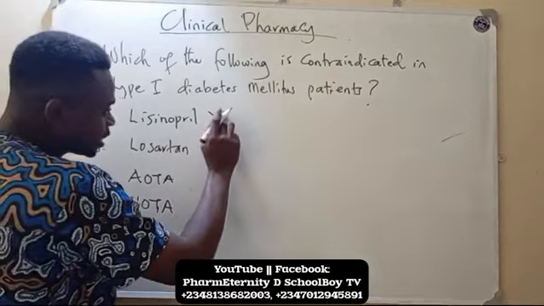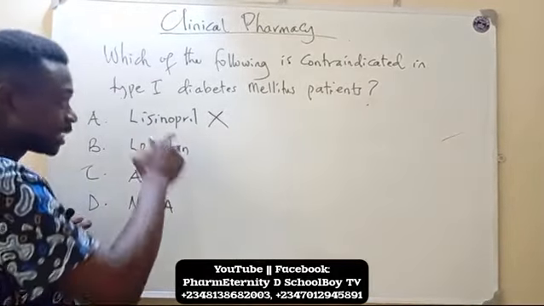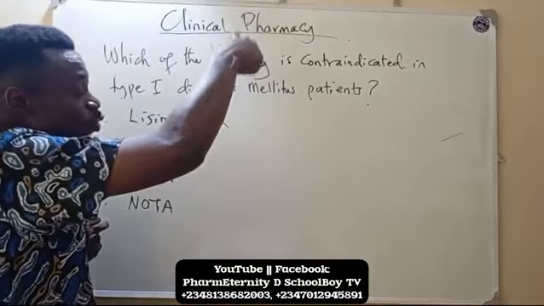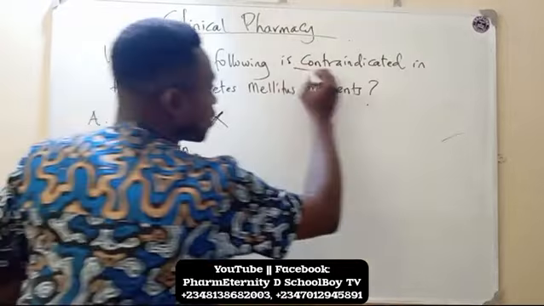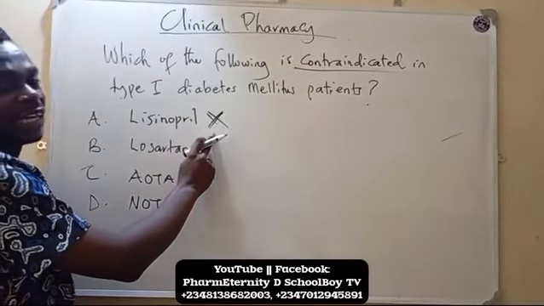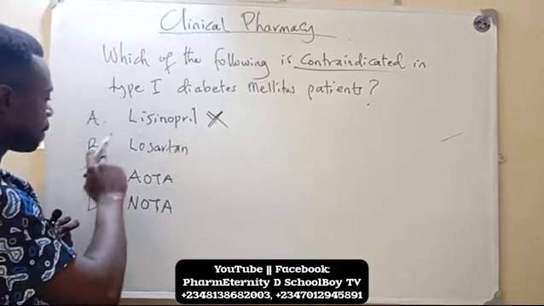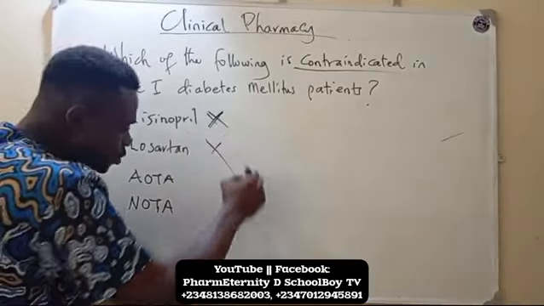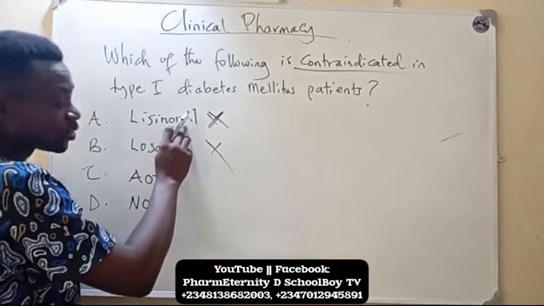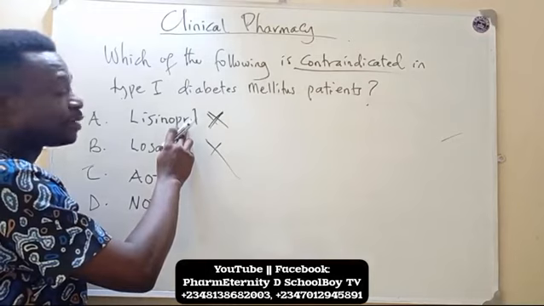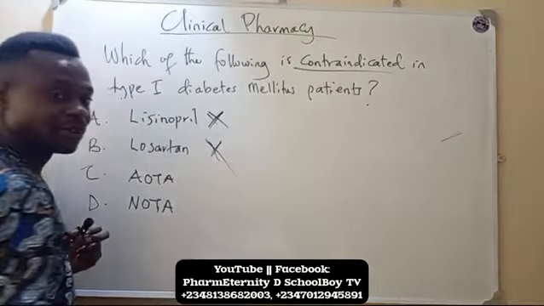So I agree, this one is not contraindicated. It's indicated. They want us to point out the ones that are contraindicated. A is not contraindicated. It's indicated, so it's not the answer. B, losartan is not contraindicated. It's indicated when the first one is not tolerable by the patient. You can move over to this. So this is not the answer because it's indicated.